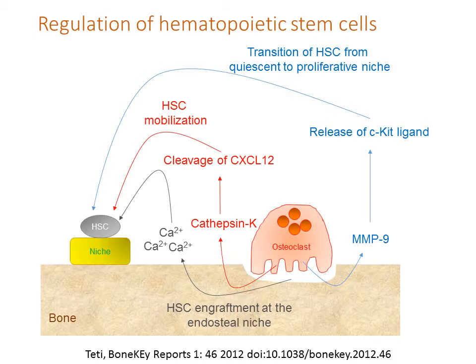But osteoclasts also release calcium that, through the calcium-sensing receptor, induces the hematopoietic stem cell engraftment at the endosteal niche. So you see here that there are different functions, and probably what is important is the balance between all these pathways to regulate a normal hematopoiesis.